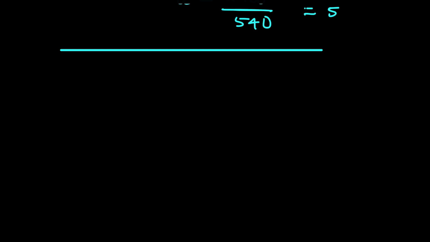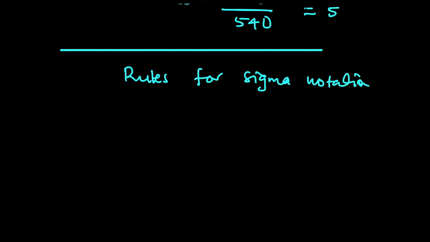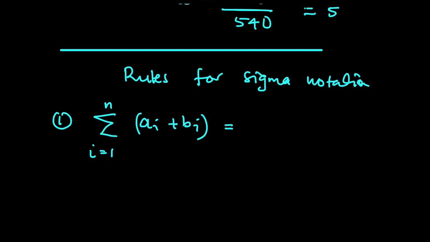Okay, so basically the rules for sigma notation, the first one, if you're summing A_i plus B_i from i equals 1 to n, you can separate this thing in this fashion: sum of A_i from i equals 1 to n plus sum of B_i from i equals 1 till n.